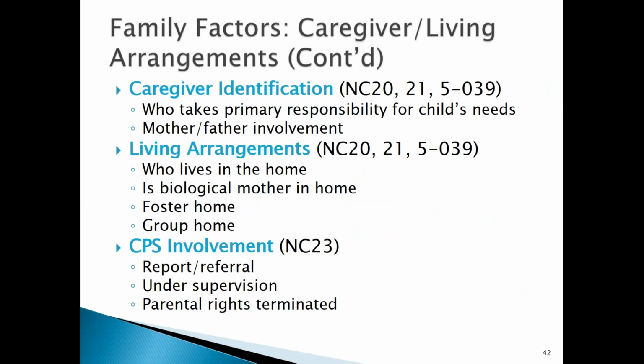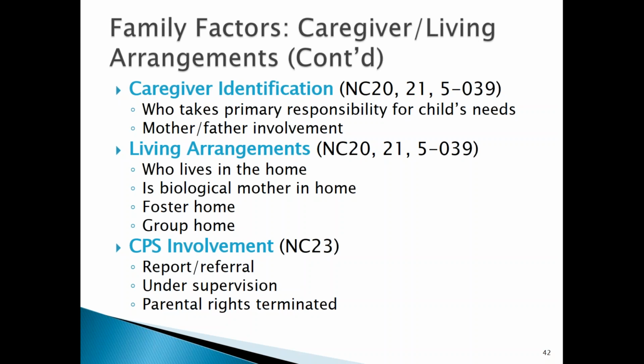So I've identified some forms that help you sort that out. For example, there's the ACYF form. It changes numbers throughout, so it's 2021 or 5039. And it includes questions that help you look at the caregiver. So for example, who takes primary responsibility for the child's needs, and how involved are the mother or father?